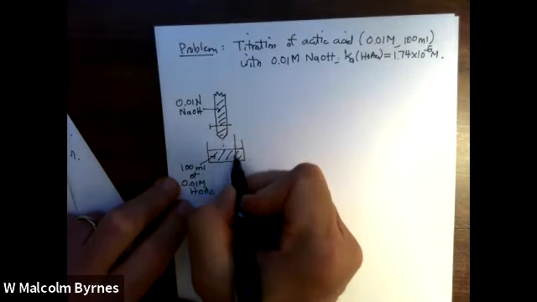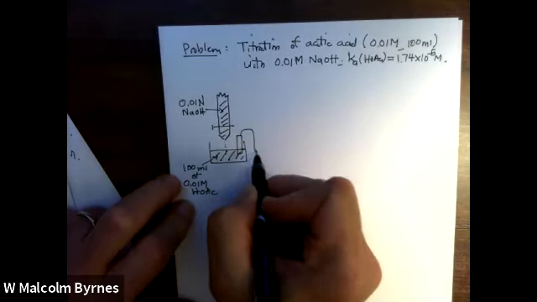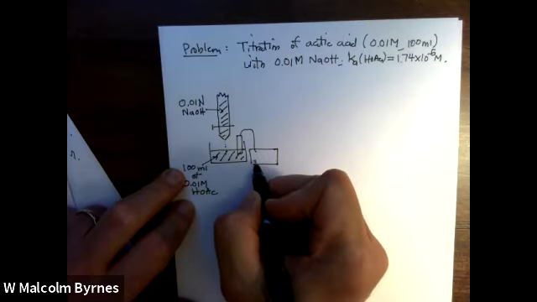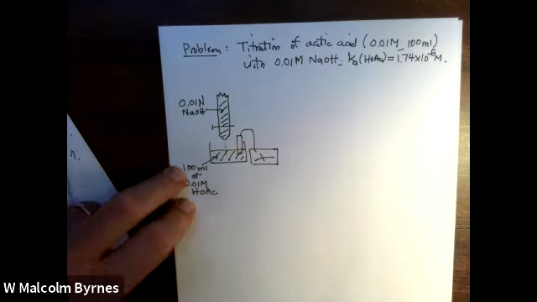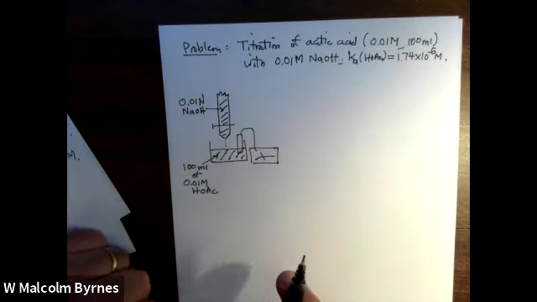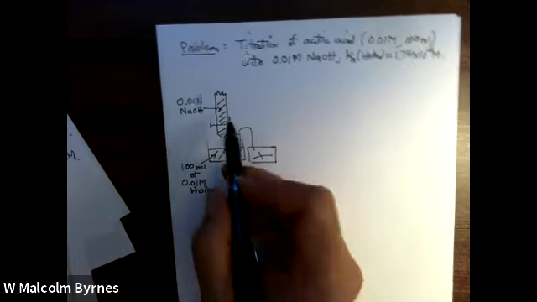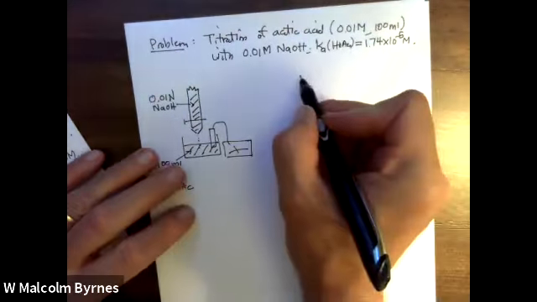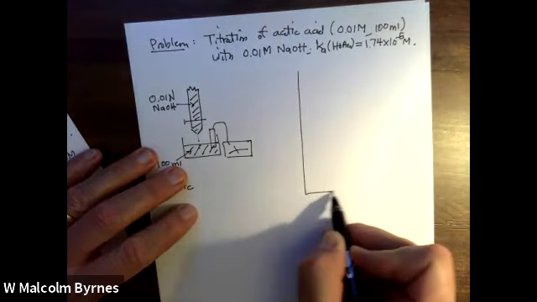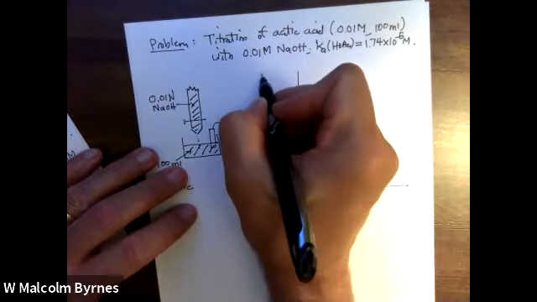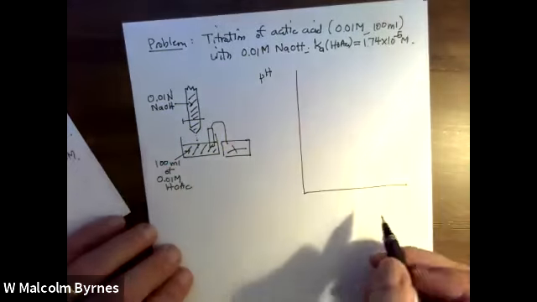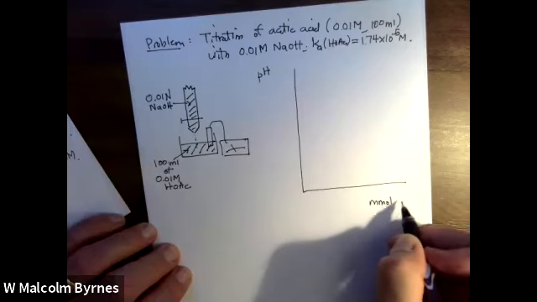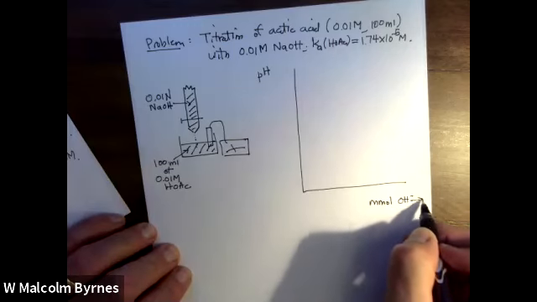And there's an electrode in here connected to a pH meter, and we can see how the pH changes as we add the base to the acid solution. We can draw a graph showing how the pH will change as we add different millimoles of OH minus.